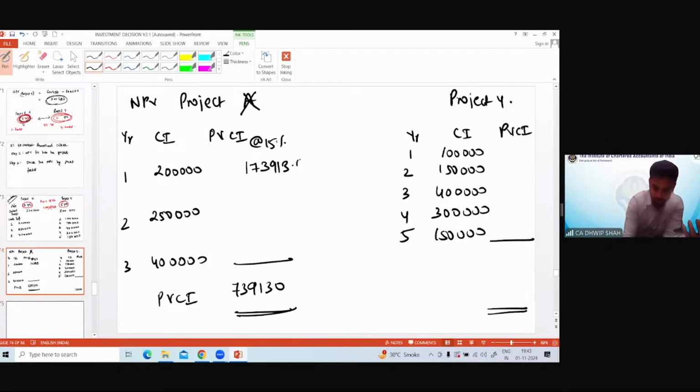Why are you not able to calculate simple present value? Then 250, 2,50,000 in your calculator, press division sign 1.15 and press equal to 2 times.